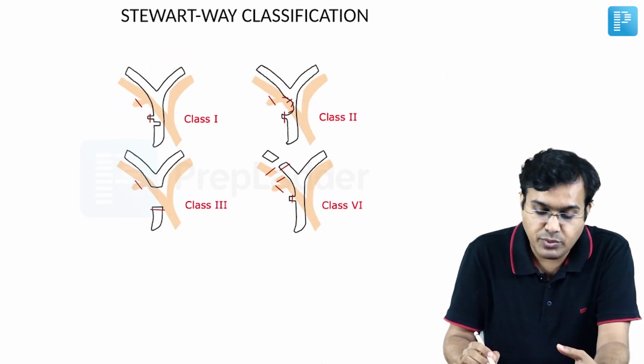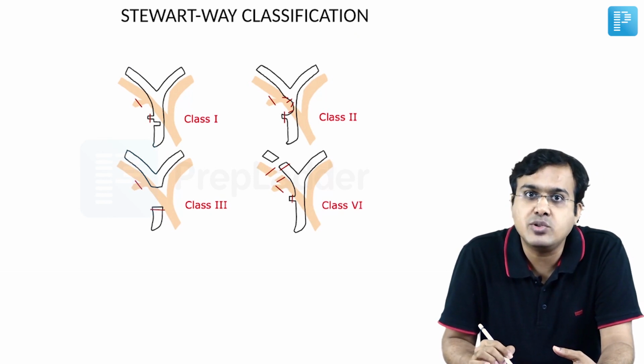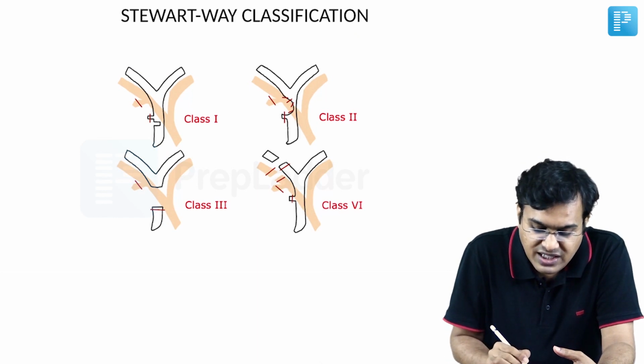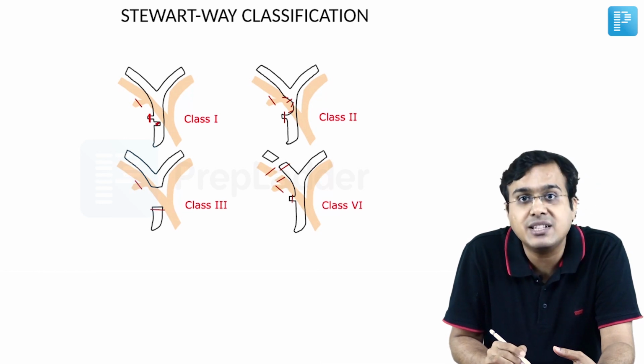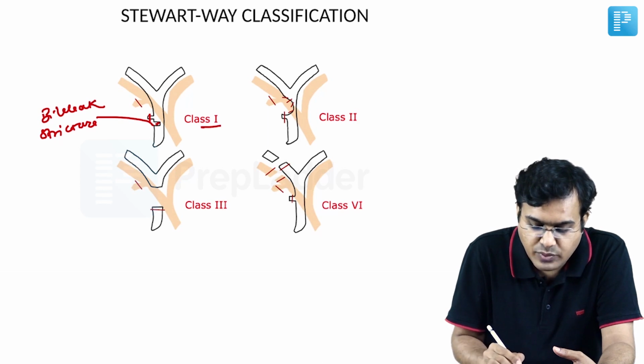Coming to the Stewart-Way classification, this classification includes both bile duct injury and injury to the hepatic artery. So class 1 Stewart-Way is basically some lateral injury after clipping the cystic duct. Here there might be some lateral injury which will lead to bile leak or sometimes stricture in the late course of disease. Okay, that is class 1.